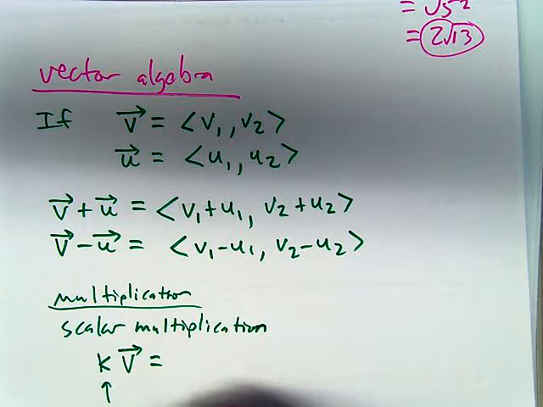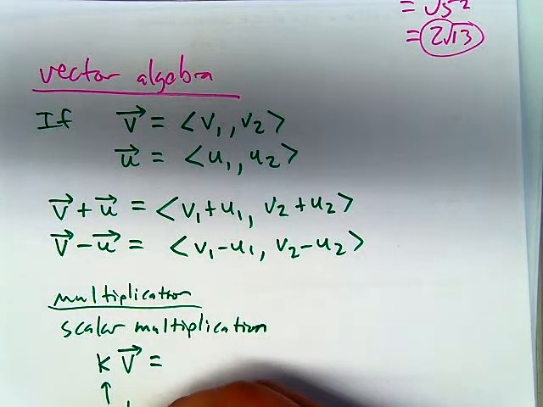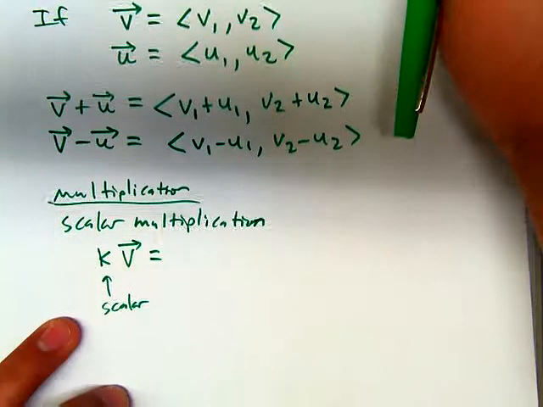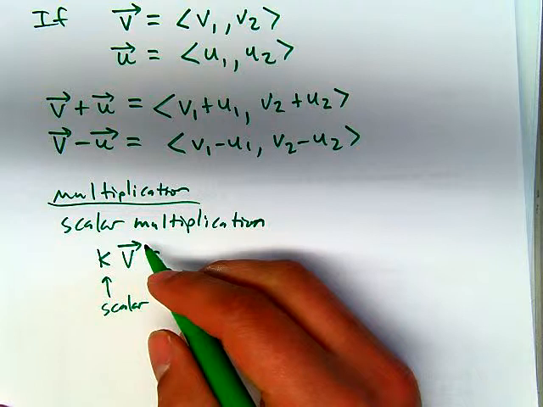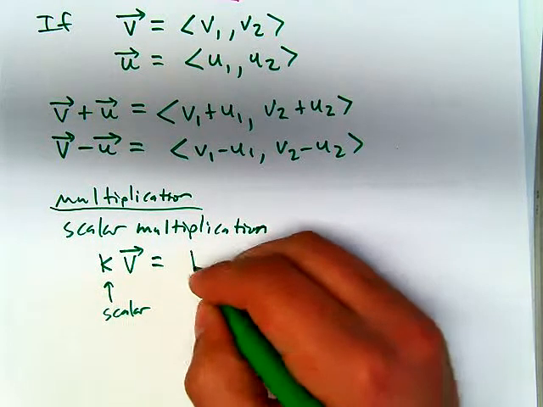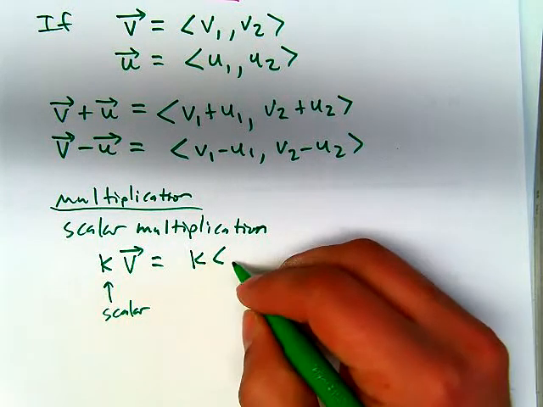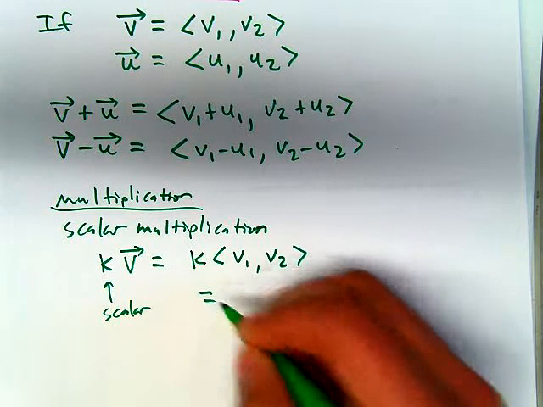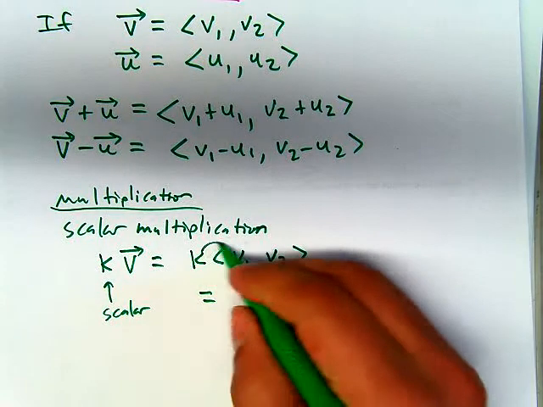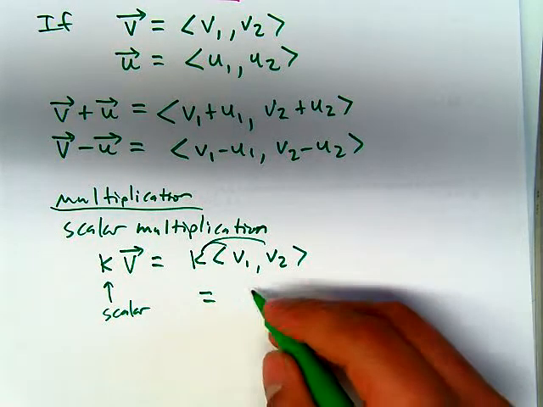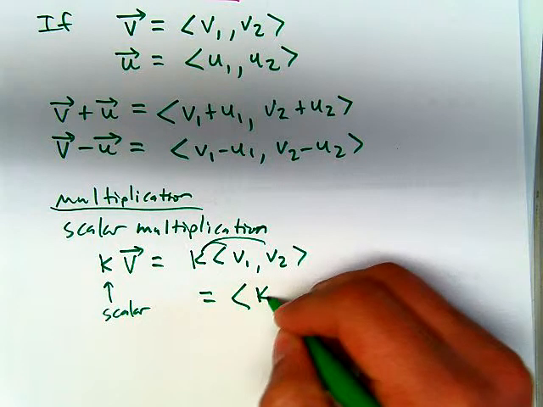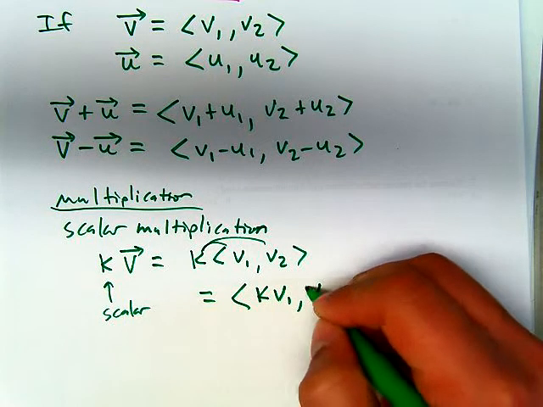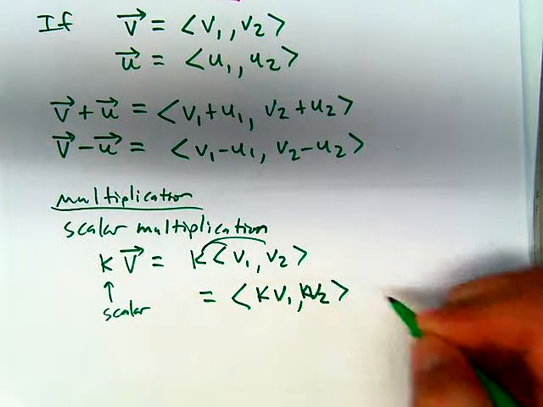Anything that's not a vector, we're going to call a scalar. That's just like a constant or just a number. We know what v is from before, so this just means k times the vector v, which is v1 comma v2. And all we do for scalar multiplication is just distribute the k in. So our new vector would be k v1 and k v2.